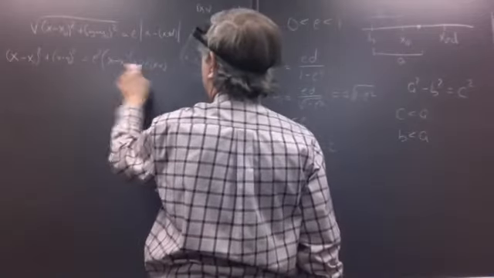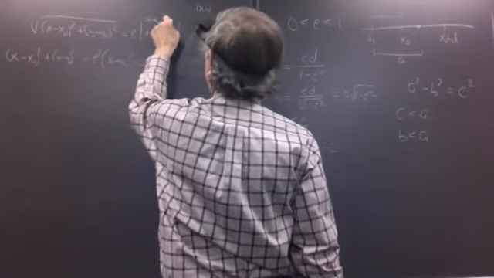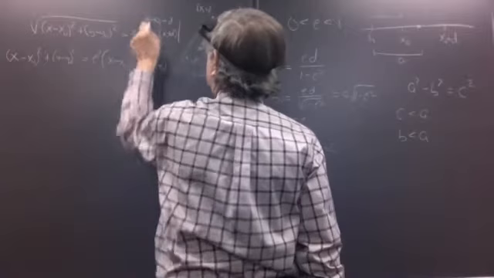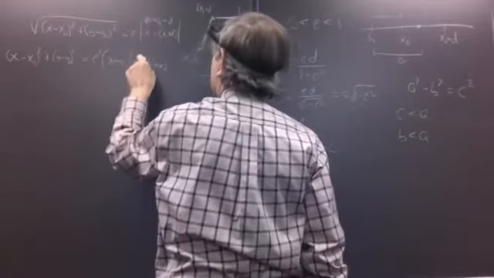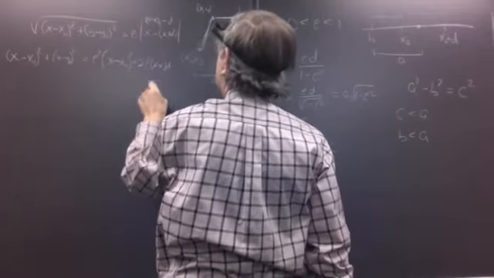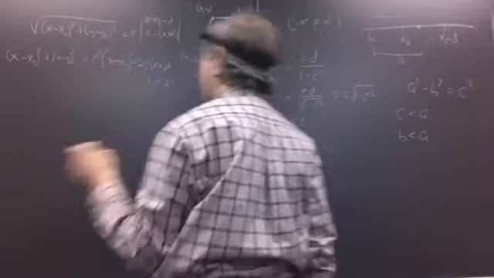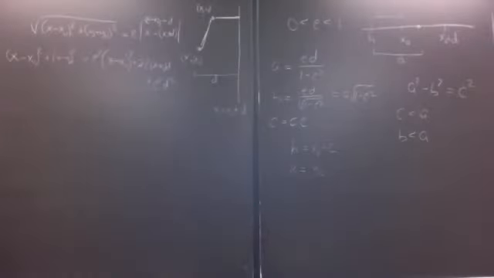Sorry. Let me write this better so you see the way I'm parsing it. It's this squared minus 2 times this times d, and plus e squared d squared when you square the right hand side.